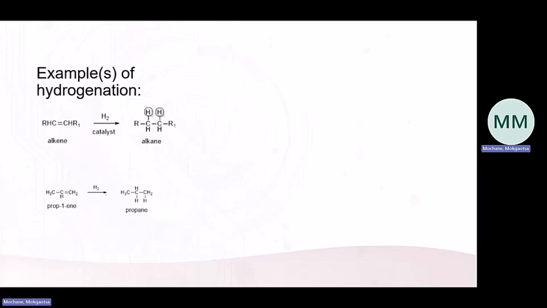Here's a typical example of hydrogenation. You've got your alkene there, and then you are undergoing an addition reaction. Remember, there's an addition reaction taking place in the alkenes. You've got the addition reaction of hydrogen, in the presence of a catalyst. That Pt is very important. If you don't put the catalyst there, this reaction will be very slow. It might not even go to completion.